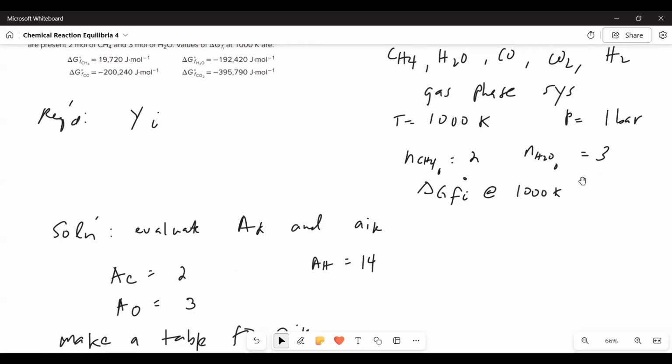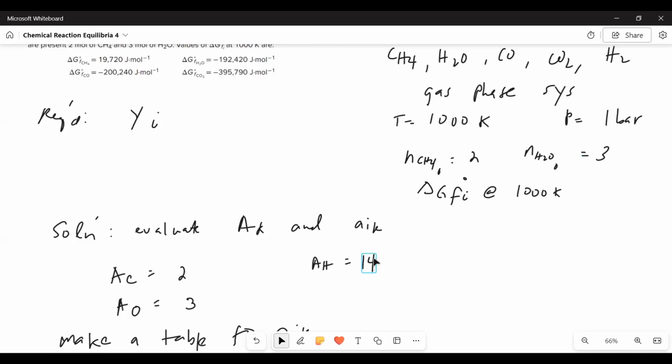And then for hydrogen, we have hydrogen in the methane and water. So 4 times 2 is 8, plus 6 because we have 6 moles of hydrogen in the initial moles of water.